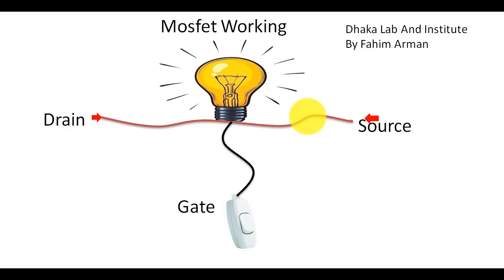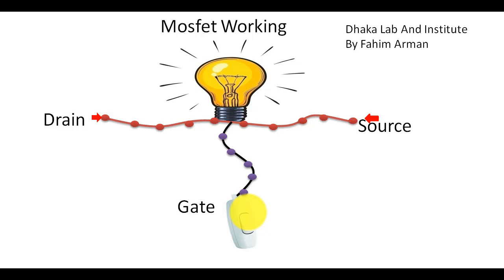Suppose, for any type of supply, or to make you understand, there is an example like how a bulb works. If you want to turn the bulb on, you have to switch, and then the voltage will pass and the light will be on.